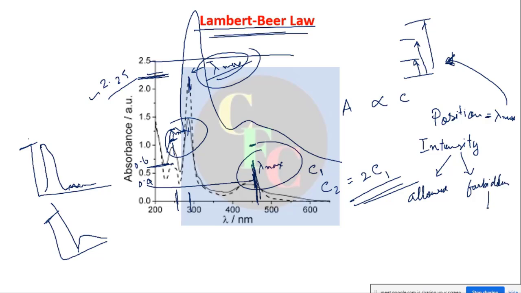Forbidden bands are low intensity, whereas allowed bands are strong intensity. See, in this case, these bands are allowed, highly allowed. That's why they are strongly intense.